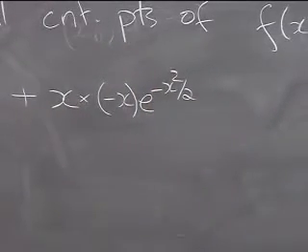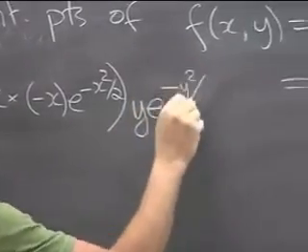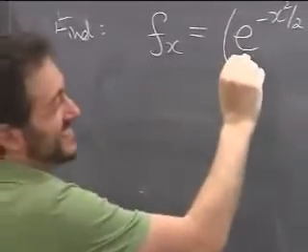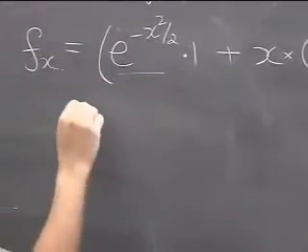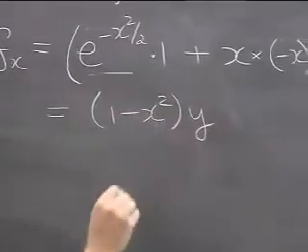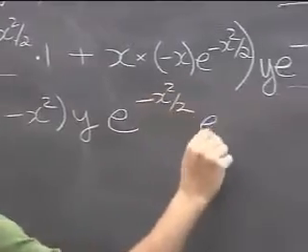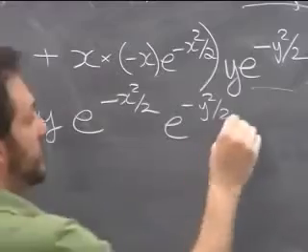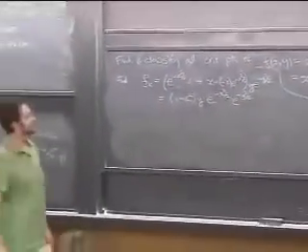It's all this junk times that y function, which I'm treating as constant. So if you work this out, this is actually, again, a factor, e to the minus x squared over 2. And so this will work out to be 1 minus x squared times y times e to the minus x squared over 2, e to the minus y squared over 2. And you could actually consolidate that if you want to, well, let's just leave it. That's fine. Okay, so there's the first derivative in the x direction.